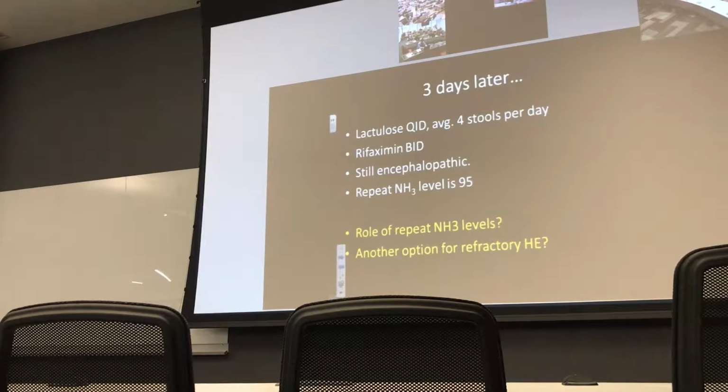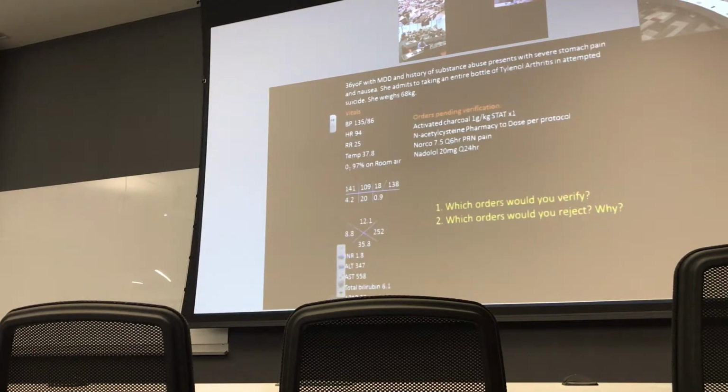Zinc sulfate is something you can give 2 to 3 times a day, specifically in patients that are already on maximum doses of lactulose and rifaximin and stooling appropriately, but still have encephalopathy and hyperammonemia. That is a very important point. Okay. Questions before we go to this patient?